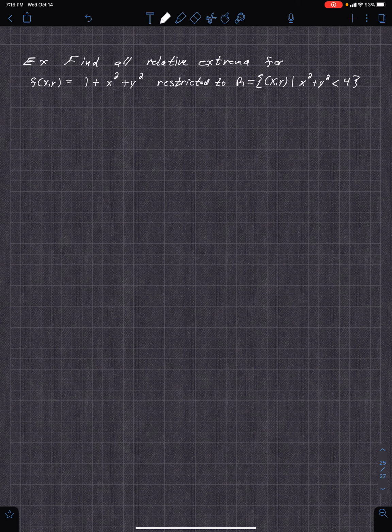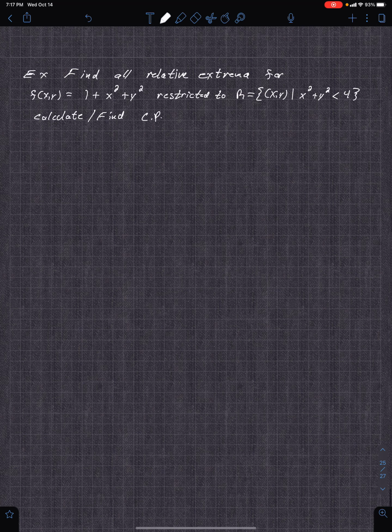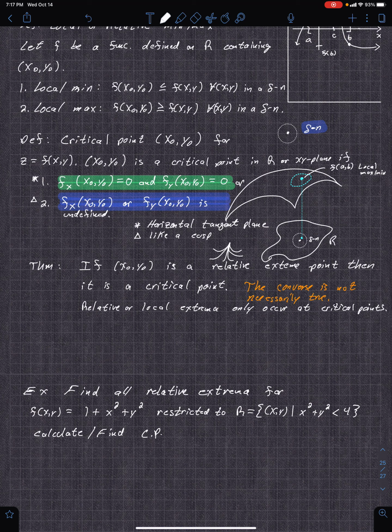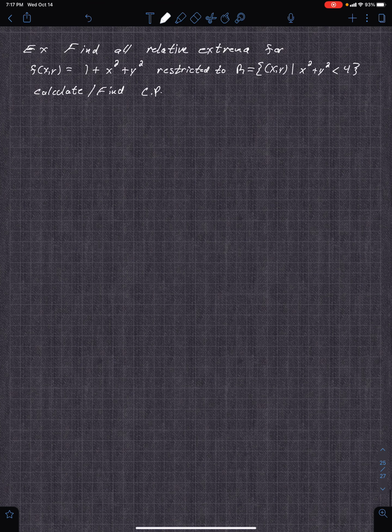So what you do is you look at the partials. Okay, so you calculate or find critical points. We'll call them CPs. In Calc 1, I call them CVs for critical values. It doesn't really matter. You'll get what I mean.